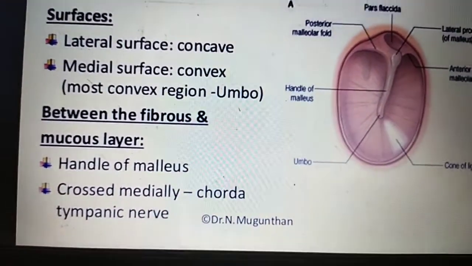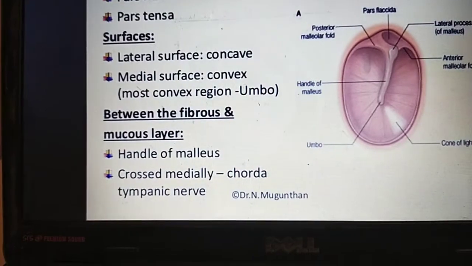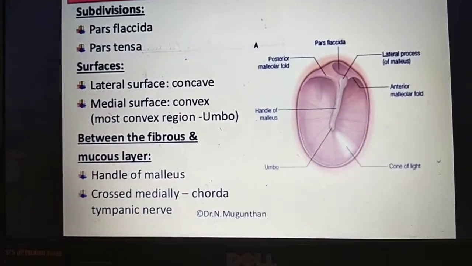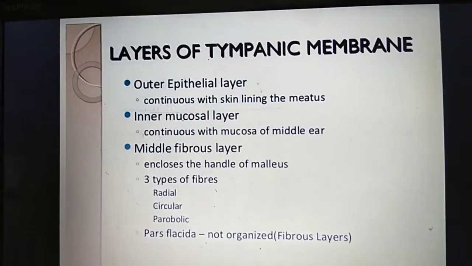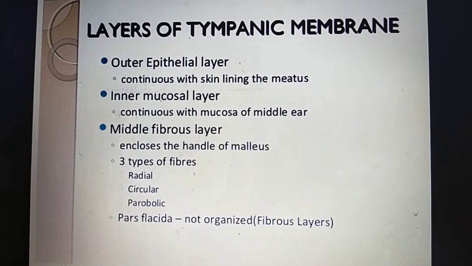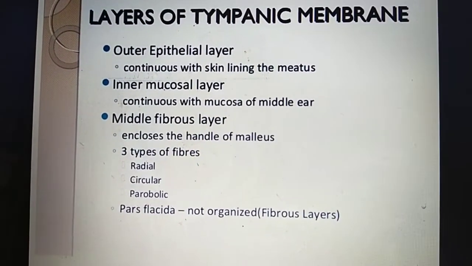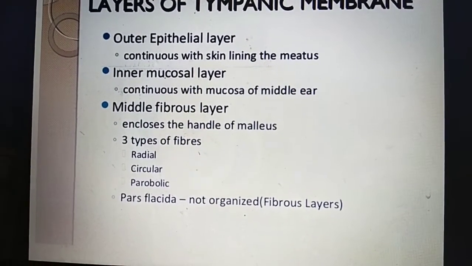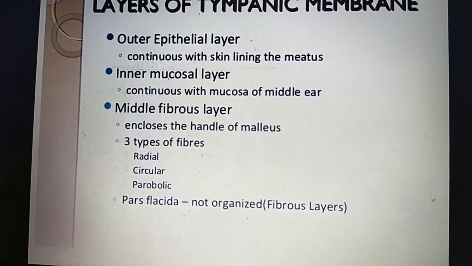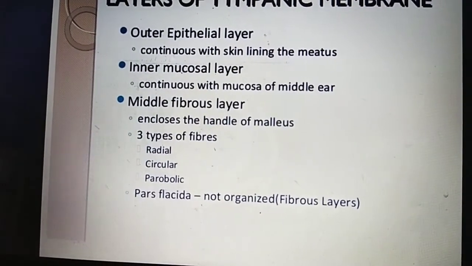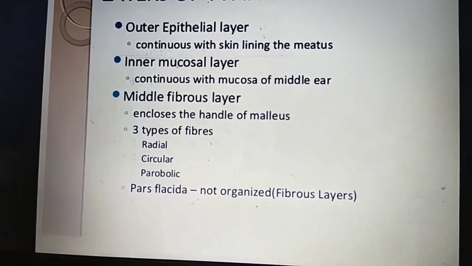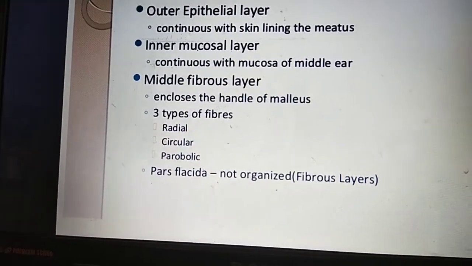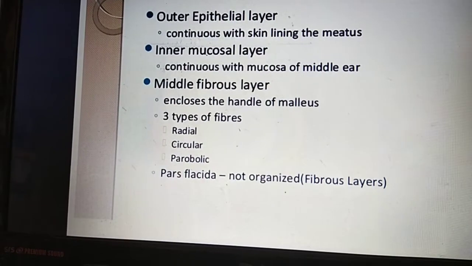Between the fibrous and the mucosal layer, there is the handle of the malleus, crossed medially by the chorda tympani nerve. It has three layers. The tympanic membrane has three layers: the outer epithelial layer, continuous with the skin lining the meatus; the inner mucosal layer, continuous with the mucosa of the middle ear; and the middle fibrous layer, enclosing the handle of the malleus, which has three types of fibers: radial, circular, and parabolic.